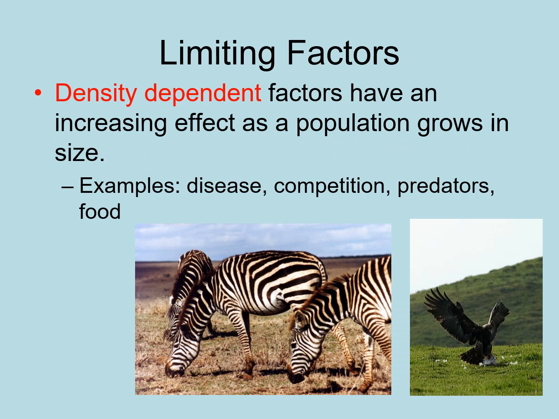And with limiting factors, we divide them into two groups. The first one is what we call density dependent. Density dependent means it depends on how many people live in that area as to whether or not it's going to be a big deal. So for example, food would be a density dependent limiting factor.